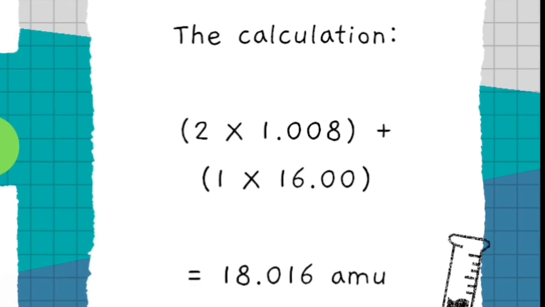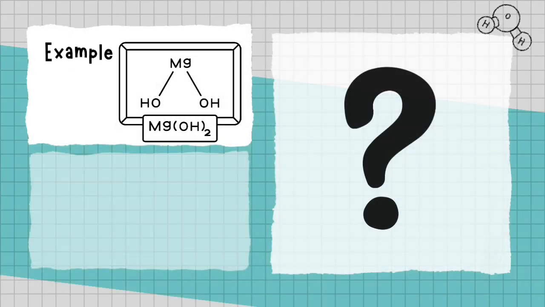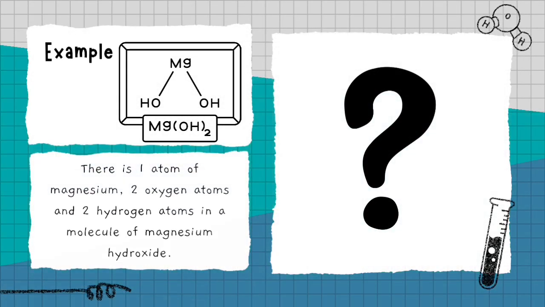The calculation will be 2 times 1.008 atomic mass units plus 1 times 16 atomic mass units is equals to 18.016 AMU or atomic mass units. Do you get it?